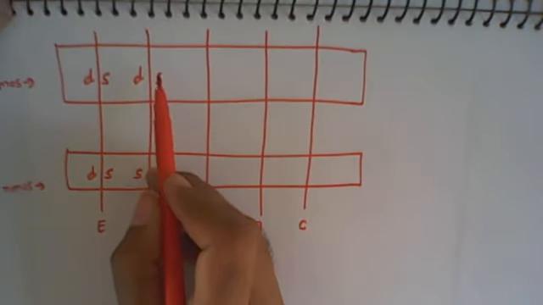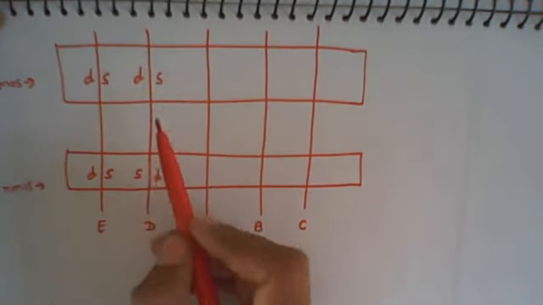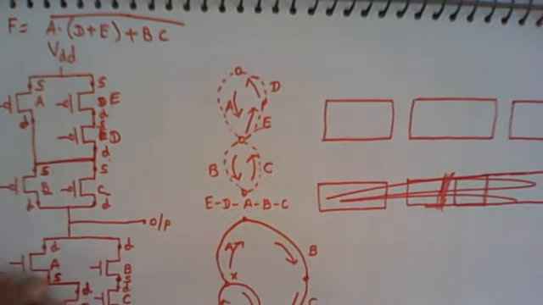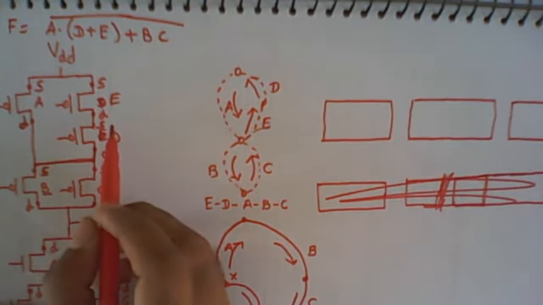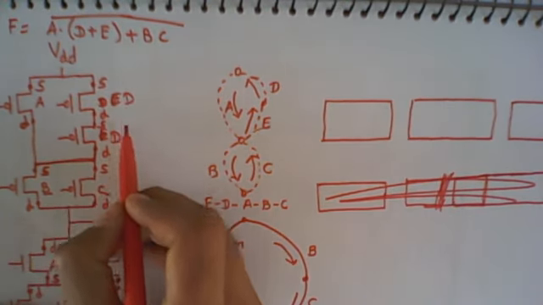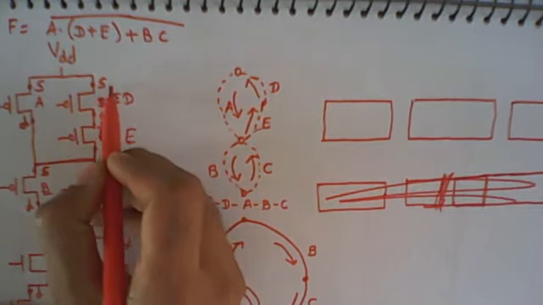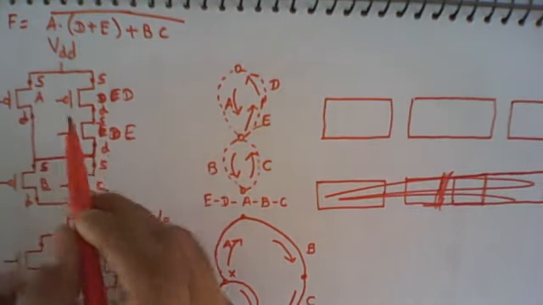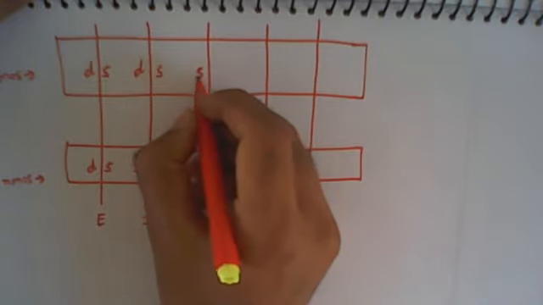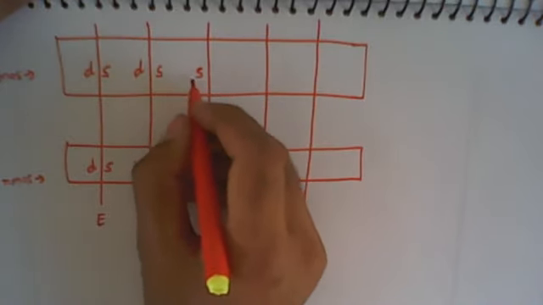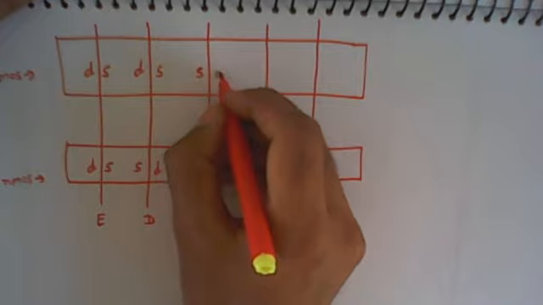Now the source for the PMOSFET D is connected with the source of A. So the source of D is connected with the source of A. So this common is the source of D and source of A. So remaining is the drain.